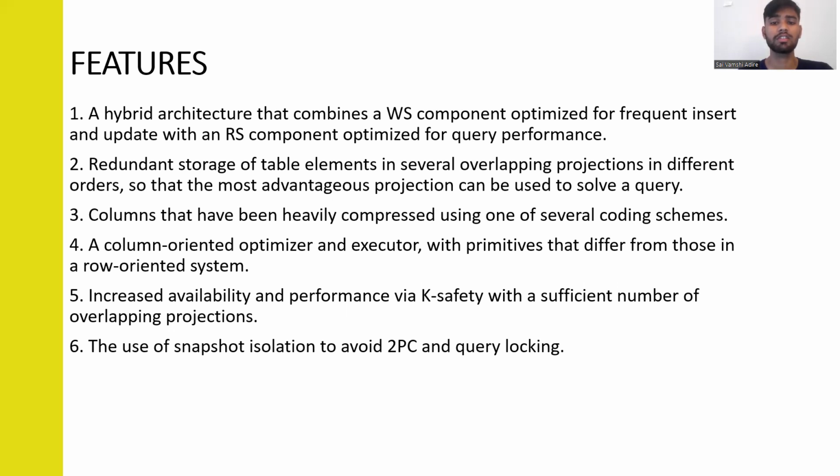The columns are heavily compressed using one of several coding schemes. It has a column-oriented optimizer and executor with primitives that differ from those in row-oriented systems. It offers increased availability and performance via K-safety with a sufficient number of overlapping projections, and uses snapshot isolation to avoid two-phase commit and query locking. These are the features we just discussed.